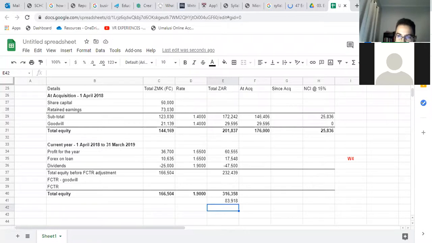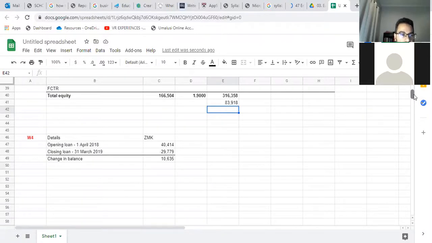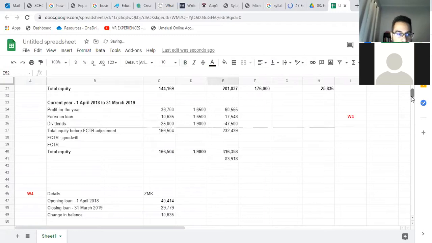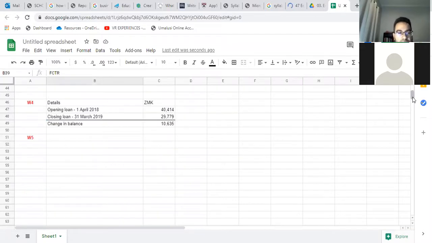I'm just going to include a working. You don't have to do this long working for the calculation, but just so you can see how it's actually done. In an exam, you can just show the working in brackets over here. I just want to show you the long way so it's easy to see.